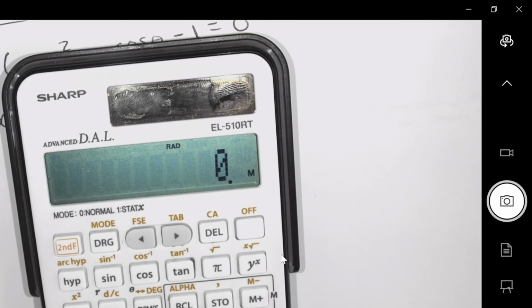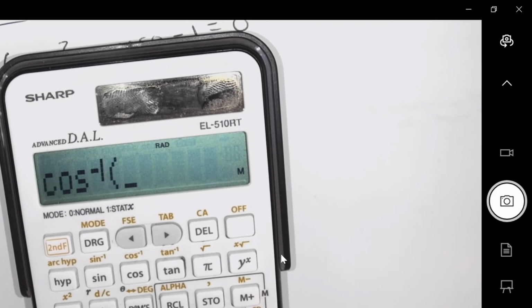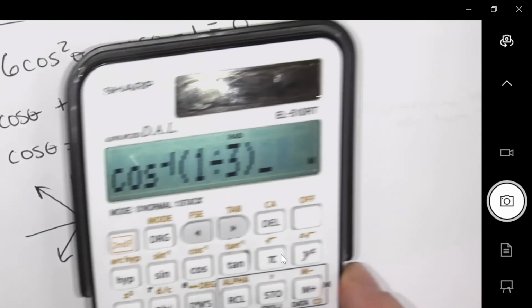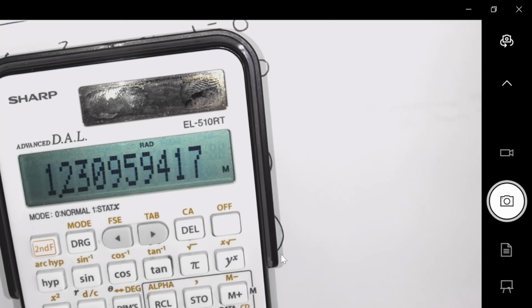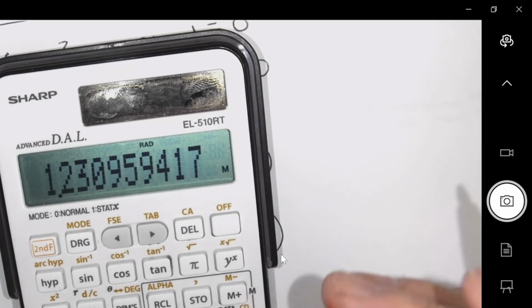Mode needs to get changed. Remember that? Change it to radians. Second cos, and again, remembering, don't put negatives in, right? The negatives in the location, not the math. 1.231.